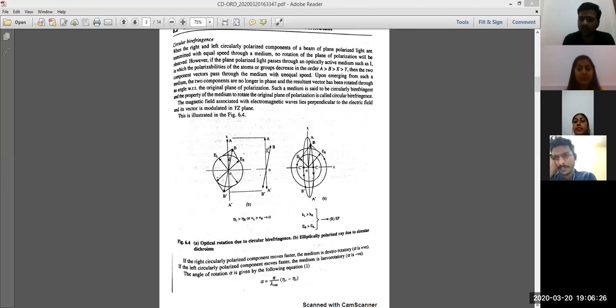Second part, we also looked at circular dichroism. What is circular dichroism? You can have the RCPL and LCPL being absorbed to different extents when they move into a chiral medium or a chiral environment. Such a phenomenon, whereby the right and the left circularly polarized light are not absorbed to the same extent when they move into a chiral environment, is called circular dichroism.